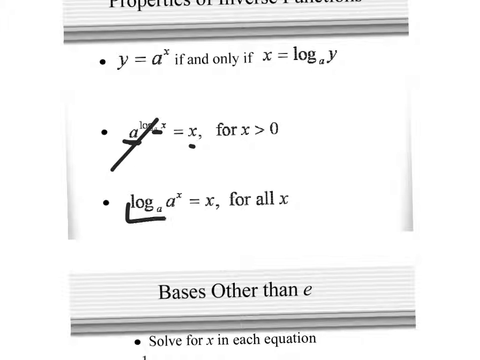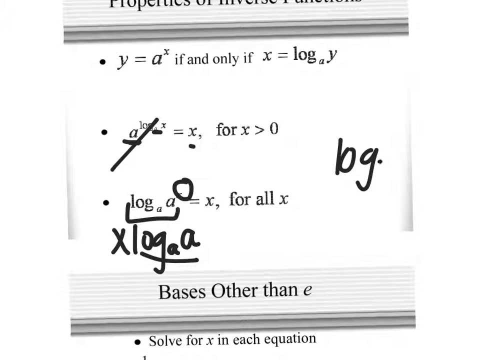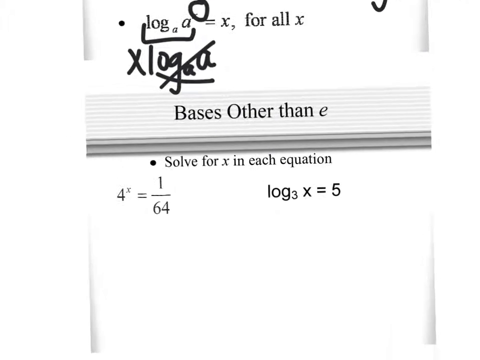Same thing with something like this: if you have log base a of a raised to the x power, think of it as really x log base a of a. This is 1. Think about log base 2 of 2. It's like saying 2 to some power gives you 2, and that's 1. So anytime you see that, it's to the x power, and it gives you x back.